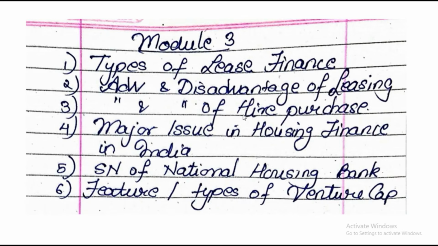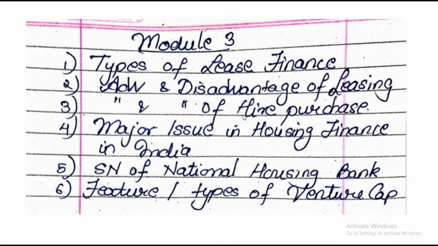Next, under third module, we have 6 topics. Number 1, what are the various types of lease financing? Second, advantages and disadvantages of leasing. Third, advantages and disadvantages of hire purchase. Fourth, major issue in housing finance in India.